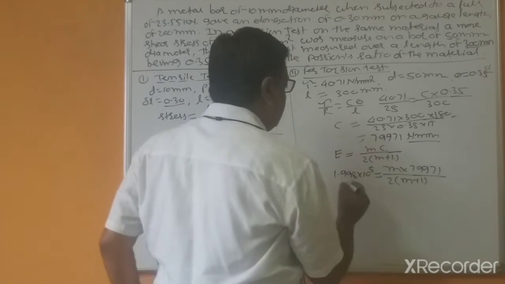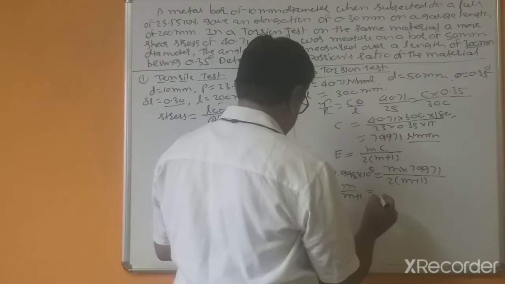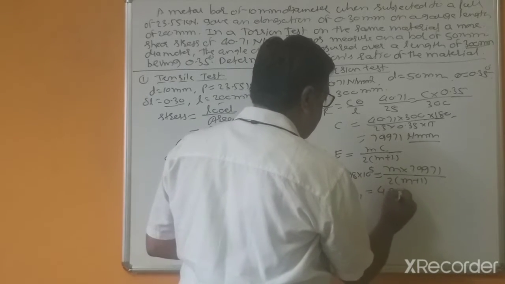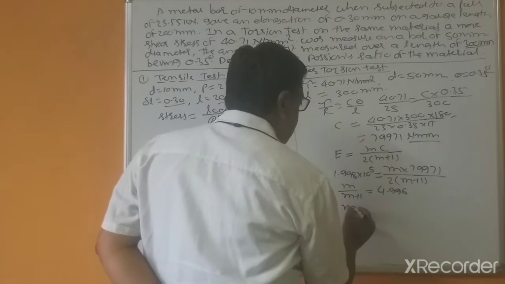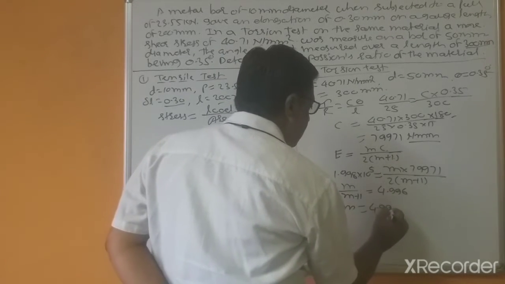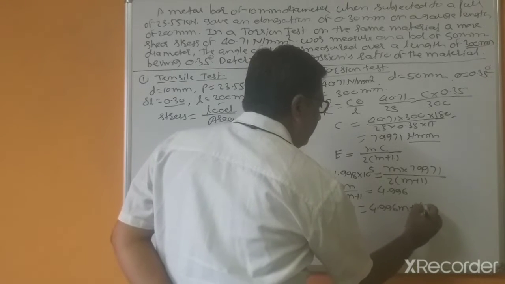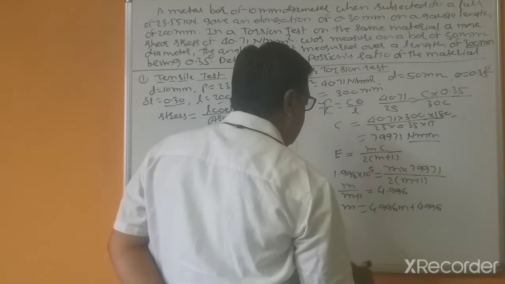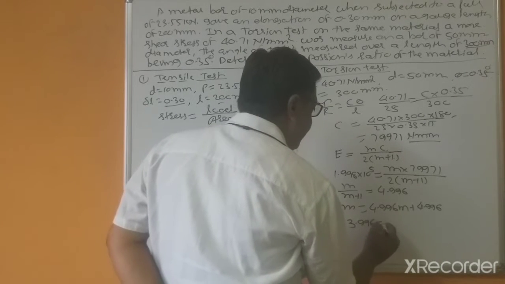Equal to, so this is m divided by m plus 1 equal to 4.996. Now cross multiplication, m equals 4.996 m plus 4.996. So that's why 3.996 m.